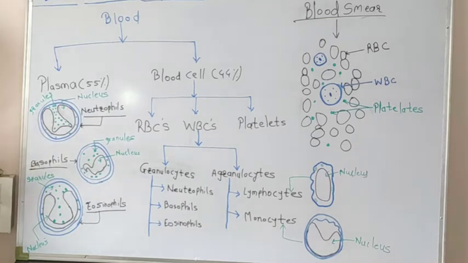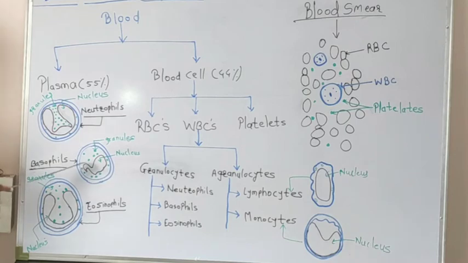Second is the basophils. You can see here these basophils have a different nucleus structure, and granules are also present, but these granules are large in size as compared to neutrophils, and very few in number. It is stained by a basic stain, and the basic stain is methylene blue.